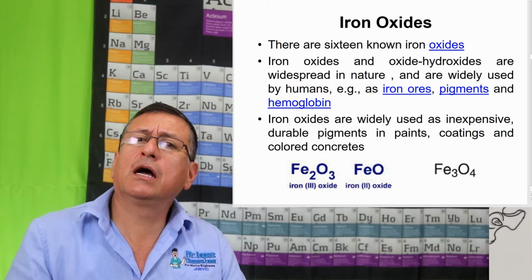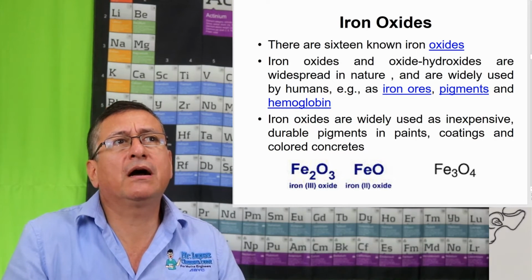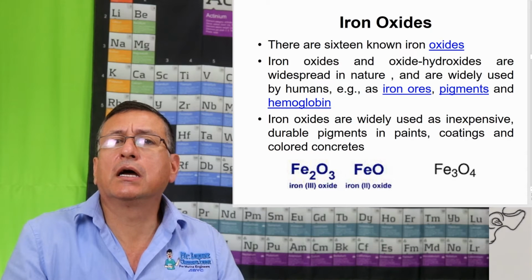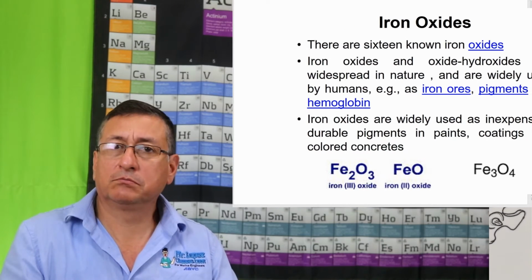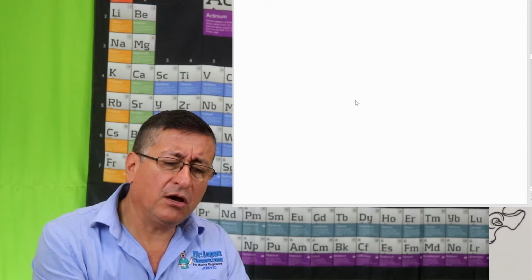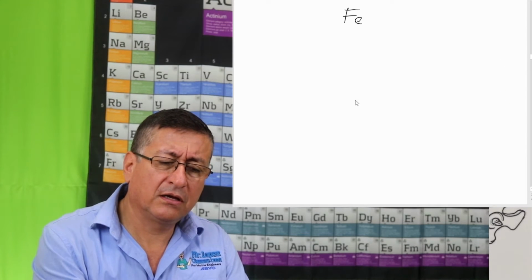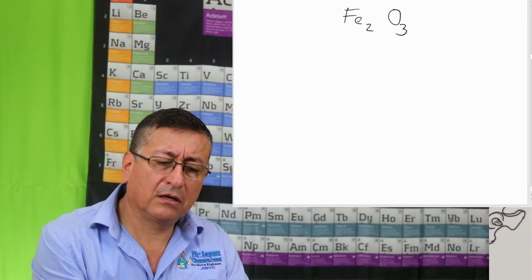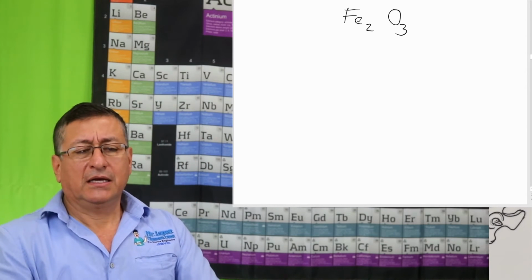Okay, suppose that we have oxygen and we have iron. What is the formula for the oxide of iron? The oxide of iron is Fe2O3. What is the meaning of that?